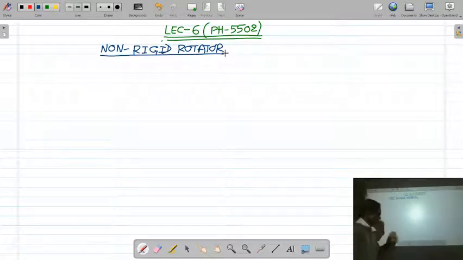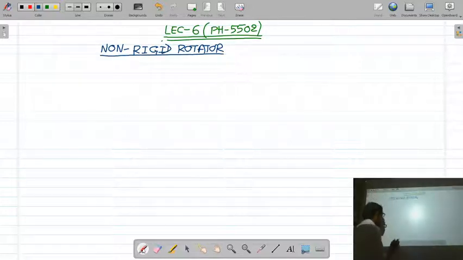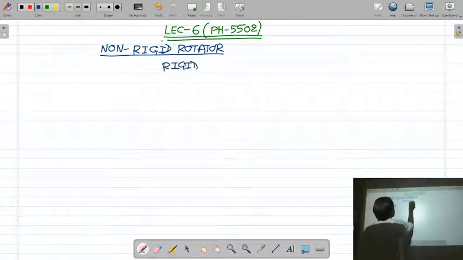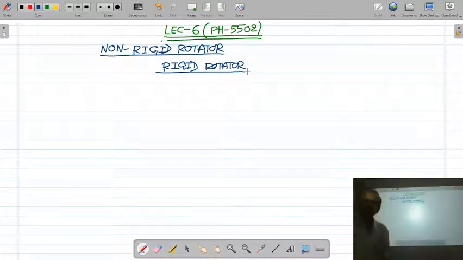Now in case of rigid rotator, we have studied the rotational spectra, and as you have studied, the rotational lines of a rigid rotator are equidistant.